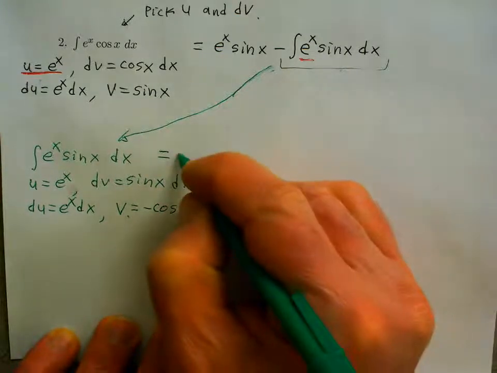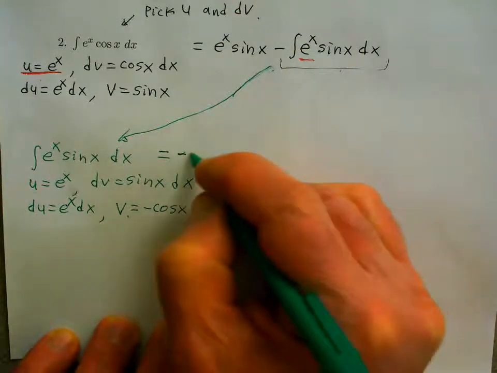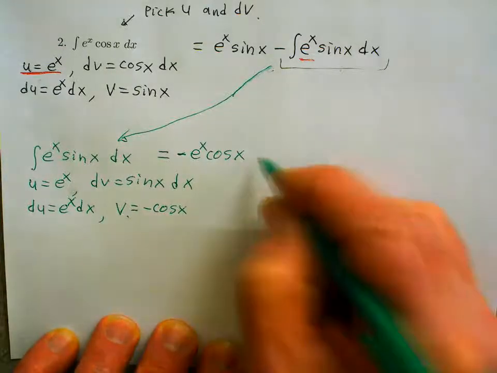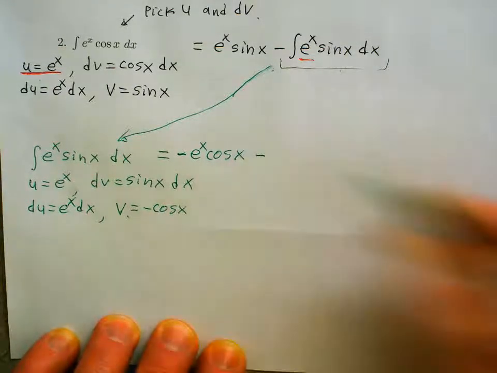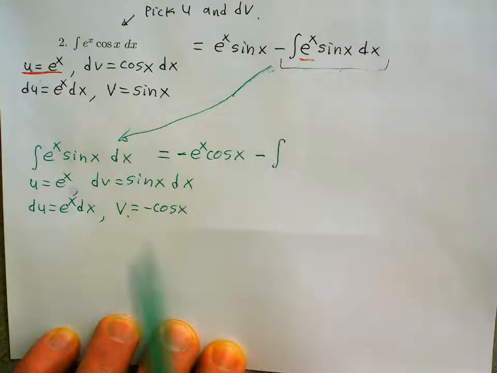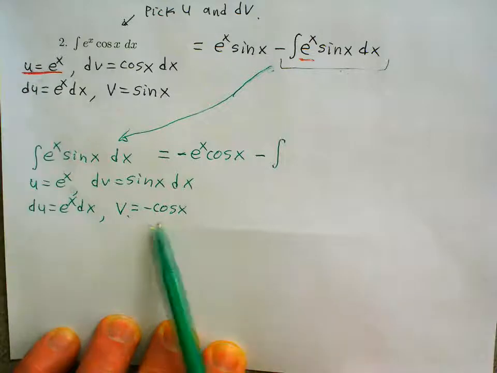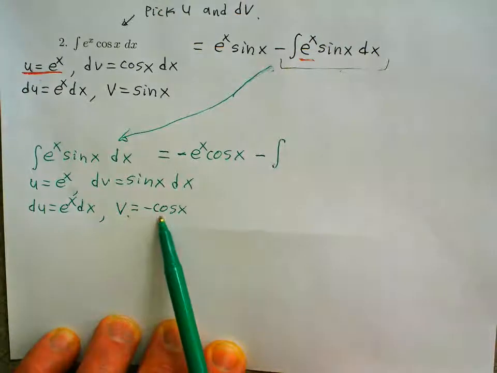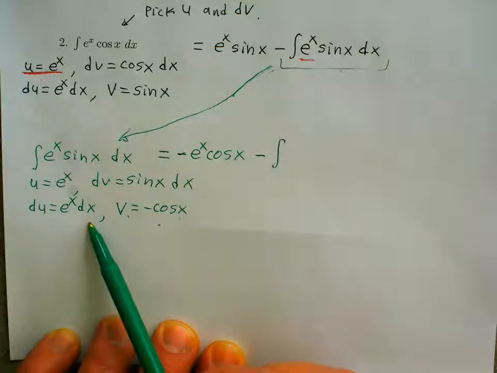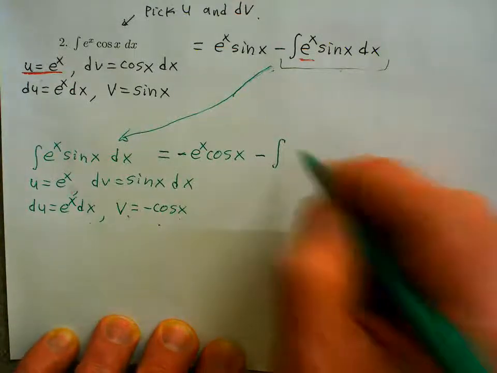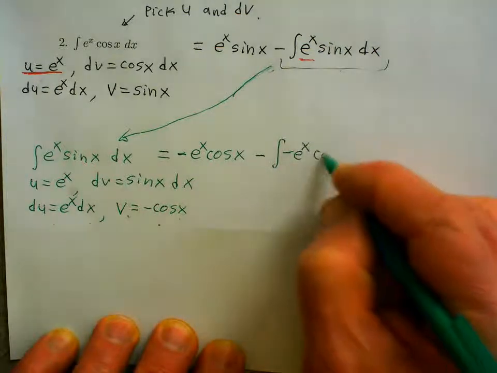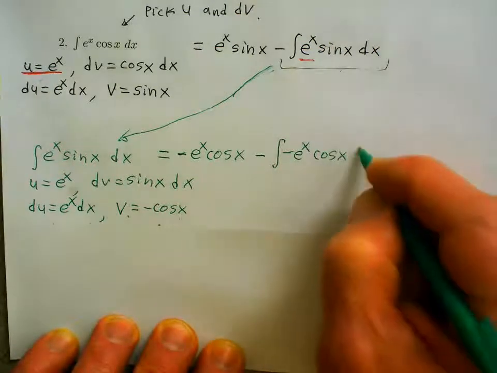So I'll write it as negative e to the x cosine of x. And then we're going to subtract the integral of v du. So v du is negative cosine of x times e to the x dx. But I'll write it as negative e to the x cosine of x dx.